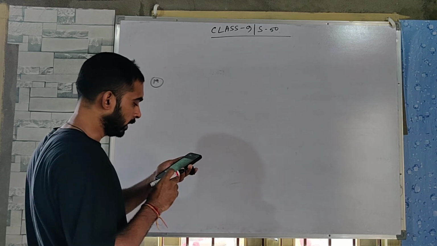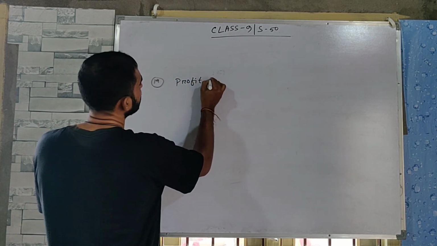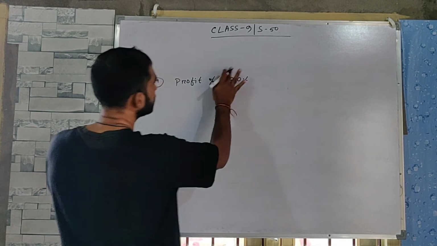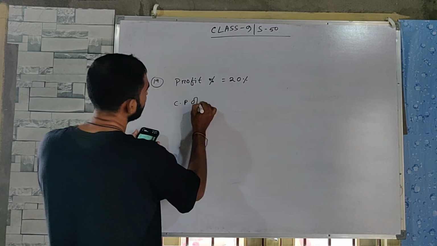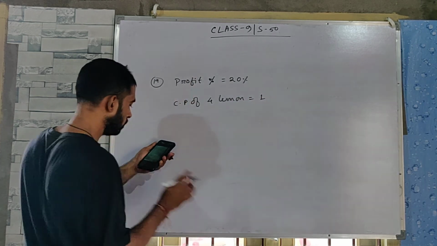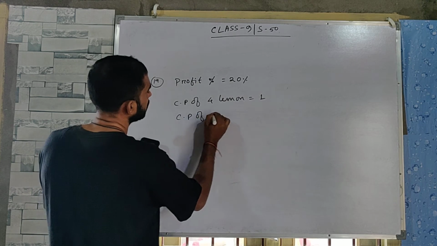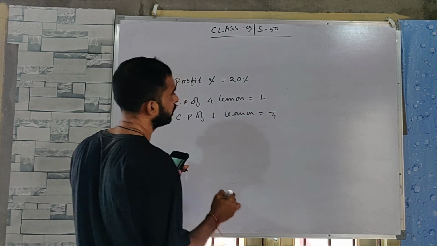Profit percent is 20%. CP of 4 lemons equals rupees 1. Therefore CP of 1 lemon equals 1 by 4.